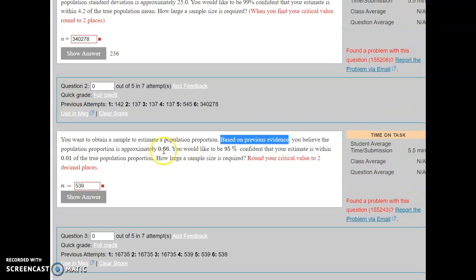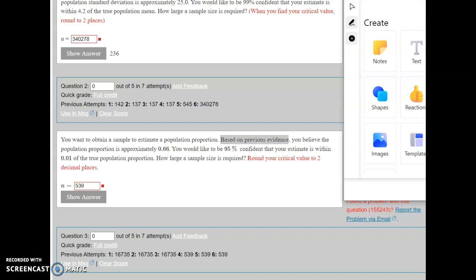They gave us a P of 0.66, so 1 minus 0.66. And then, like the last one, we have to look up our Z, and the E must be given in this problem somewhere. Let's just do the E. They say that our estimate needs to be within 0.01.